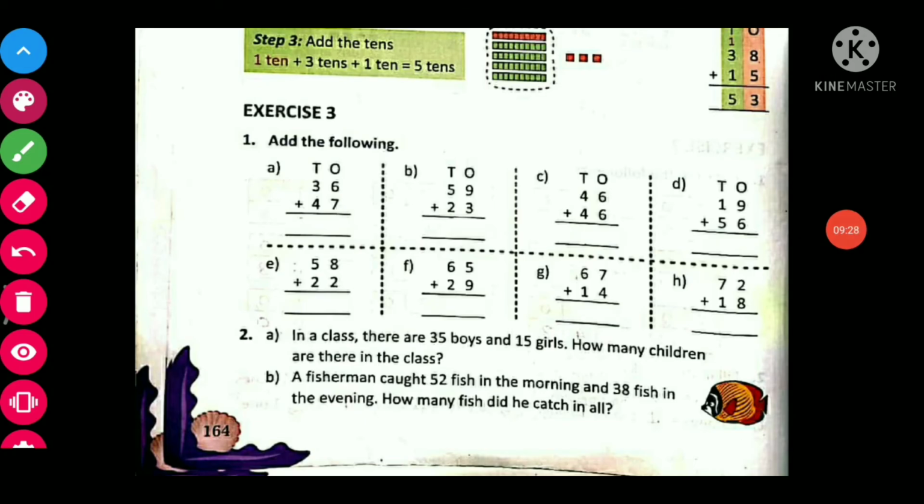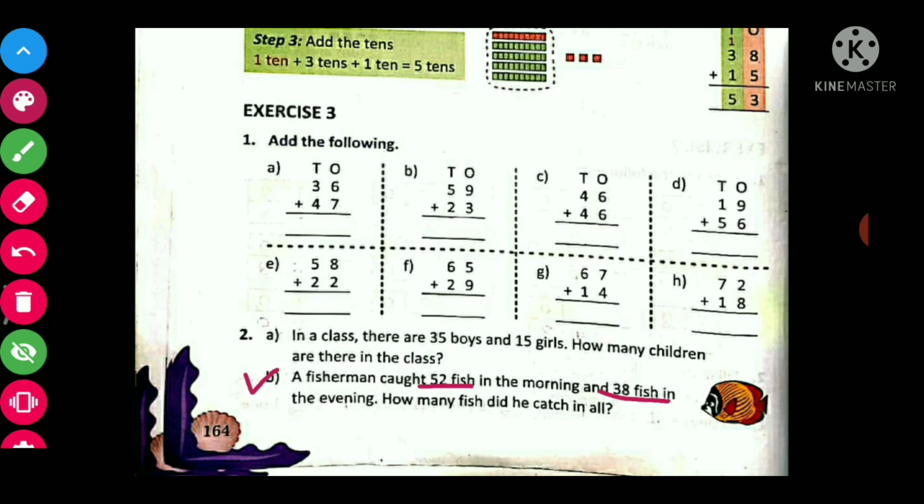Now see the next one, B part. A fisherman caught 52 fish in the morning and 38 fish in the evening. How many fish did he catch in all? So it is asking me about the total number of fish. In the morning time this much fish he caught, and in evening time this much fish he caught.